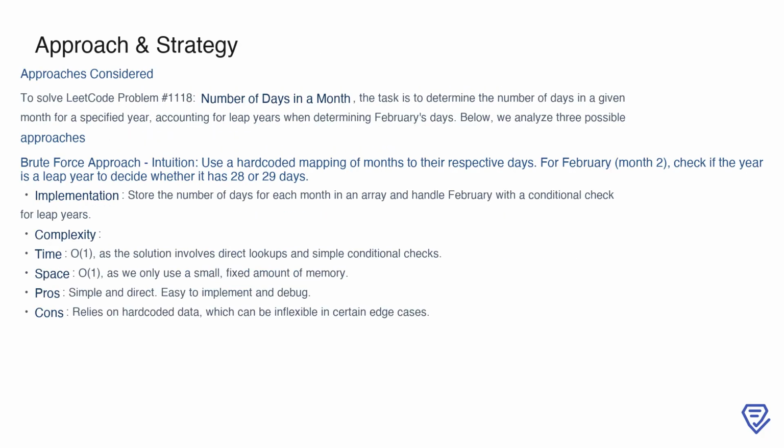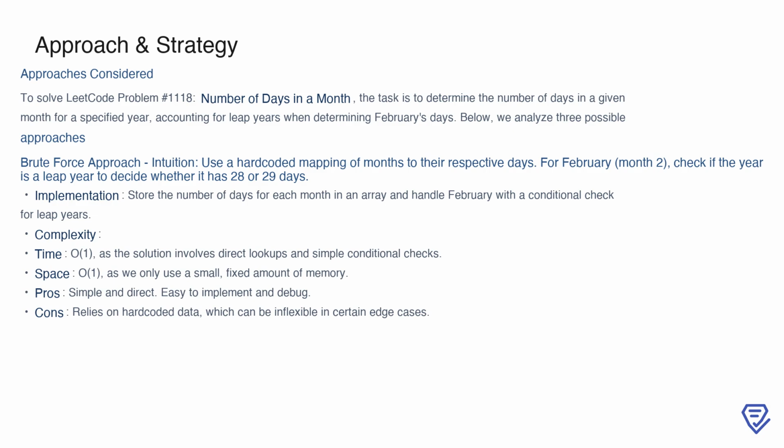To solve the problem of determining the number of days in a given month for a specific year, we need to account for both fixed month lengths and the variability of February in leap years. One approach is the brute force method, which involves using a hard-coded mapping of months to their respective days. For instance, most months have a consistent number of days, either 30 or 31, except February, which requires checking if the year is a leap year to decide between 28 or 29 days.